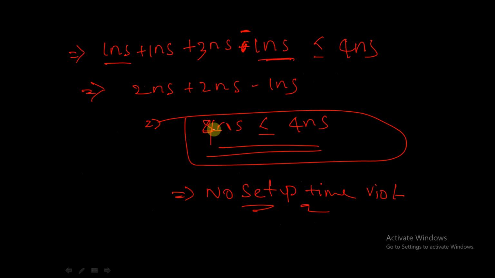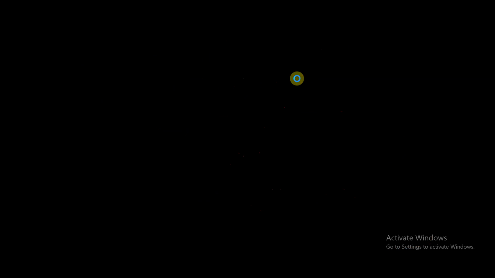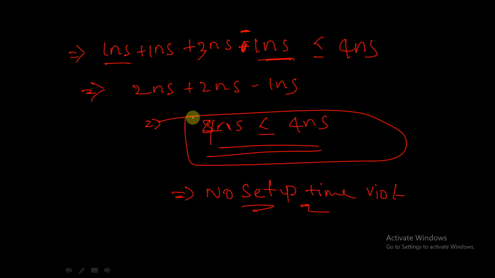With this example only you can observe. Previously without skew, when the combinational delay was high, there was a setup time violation. But with increase in skew, what is happening? The time at which the data should reach the second flip flop is getting eased. Okay, that is decreasing, right? So this is how, with the help of the positive skew, we are able to ease the timing restriction.